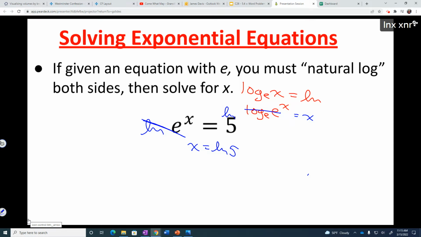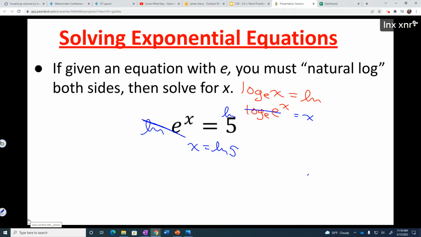That's the inverse operation of the e, is natural log. For now, we'll just leave it as natural log of 5. You can find this on your calculator, and when we do the word problems, we'll actually write the decimal out because we'll need some context. But if you just plug it in, you can see it's 1.60, and it continues on for a long time.